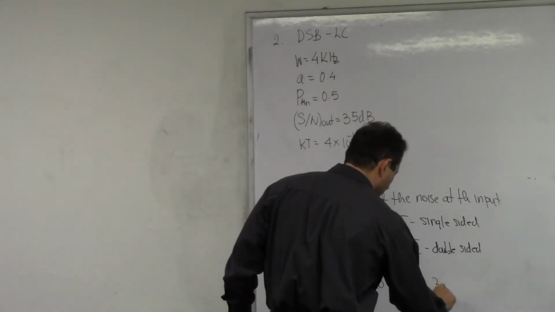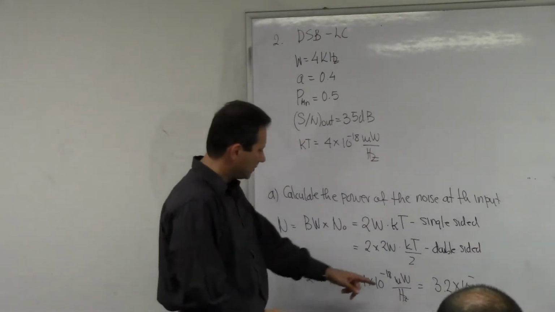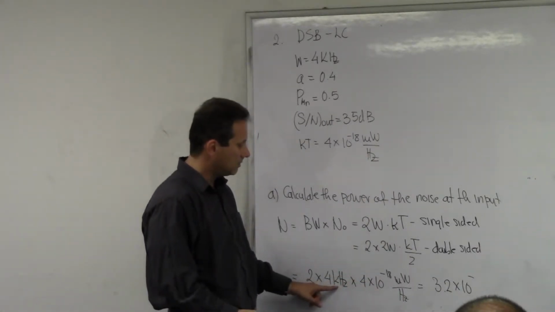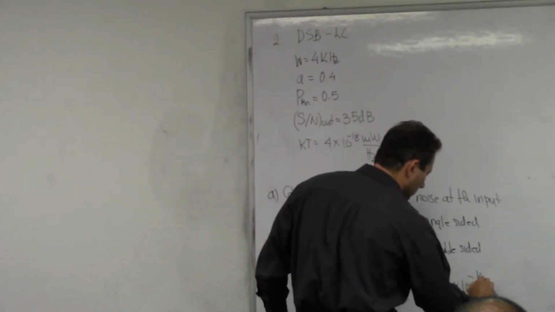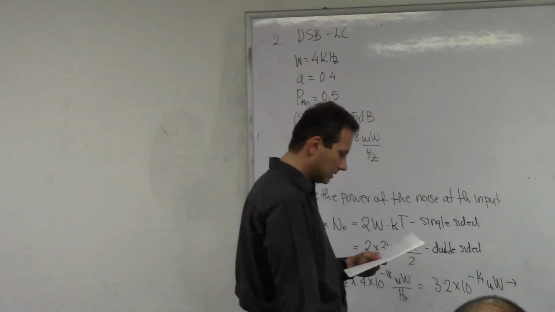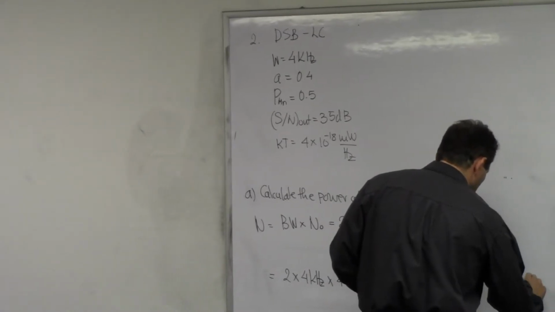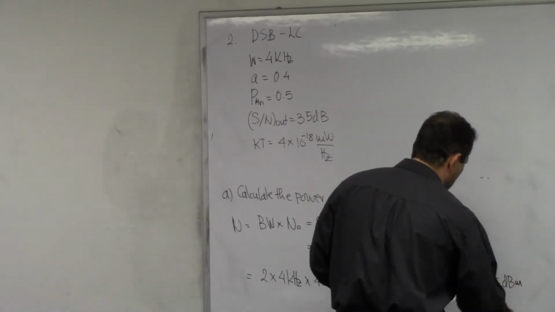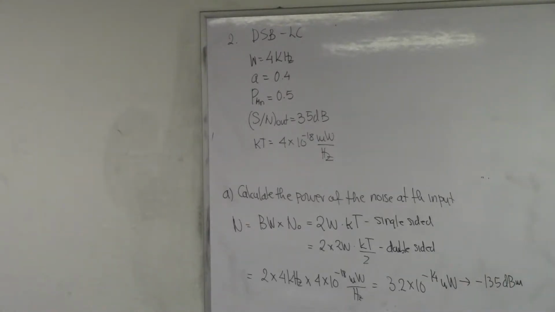So it's 3.2 times 10 to the minus 14 milliwatts. If you take 10 log of that, this is minus 135 dBm, decibels relative to a milliwatt. So that's the power of the noise.